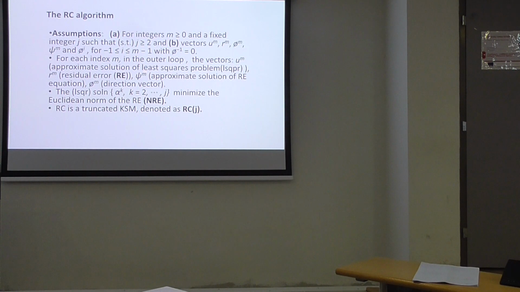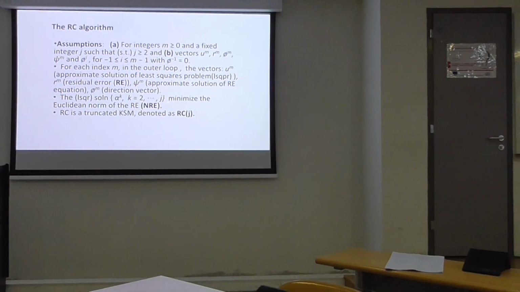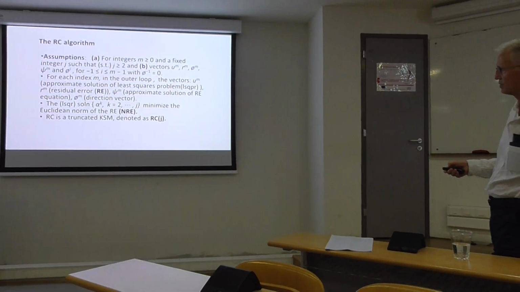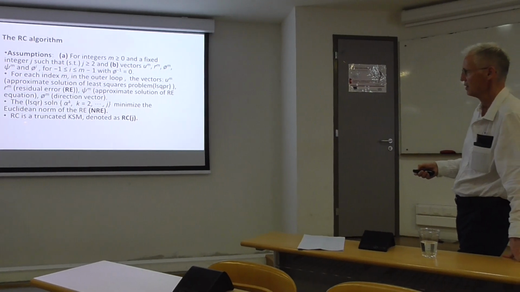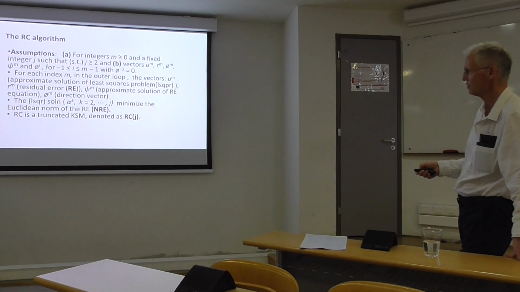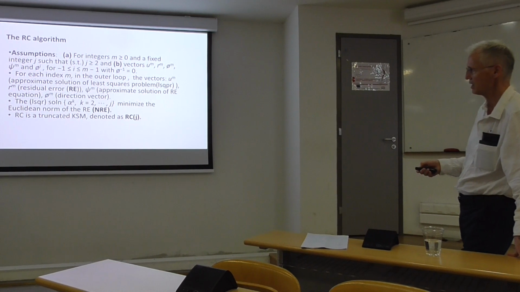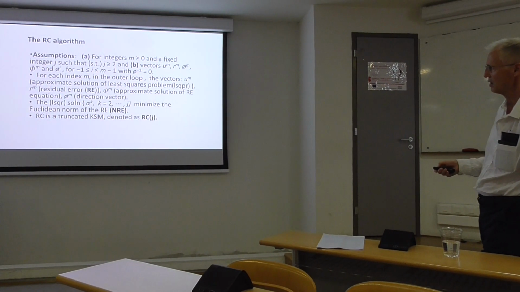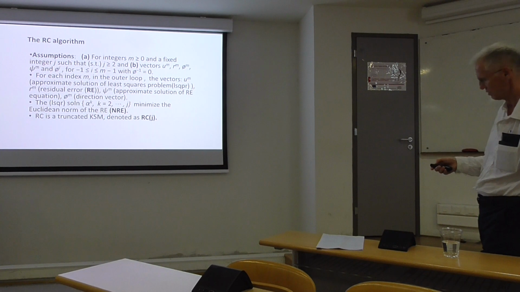This UF is the approximate solution of the least squares problem, okay? The residual error vector and the approximate solution of the residual error equation, okay, which is the preconditioning step, and this is the direction vector. And so the least squares solution is these scalars that minimize the Euclidean norm of the residual. We'll use NRE. And RC is a truncated method and saves the J most recent direction vectors. Okay.